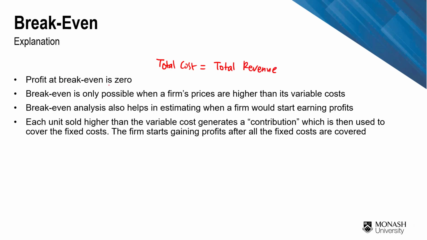So obviously your profit is going to be 0. Break-even is only possible when a firm's price is higher than its variable costs. So what they are saying is that as long as there is some contribution, then obviously you can actually reach a break-even point. We'll talk about that when we go through the example.